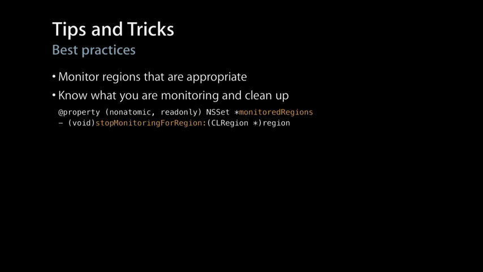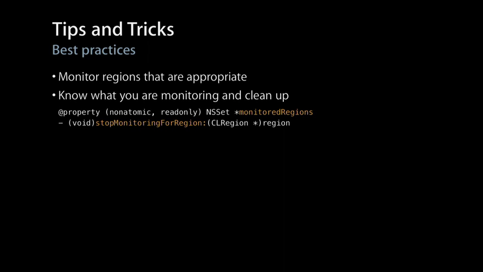Now remember that your application has a limit to how many regions it can set up at one time. This means that you may want to see which regions you're currently monitoring from time to time. You can do this using the monitoredRegions property of the location manager. This gives you an NSSet of CLRegion objects that you can iterate through and check their identifiers.